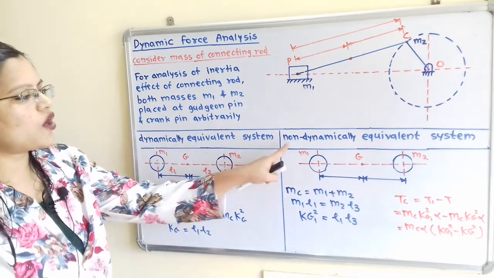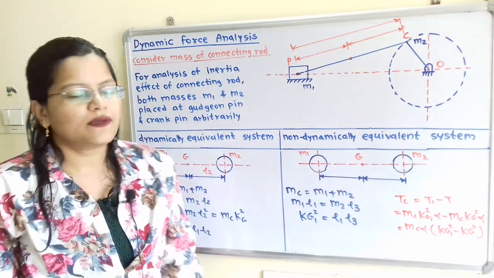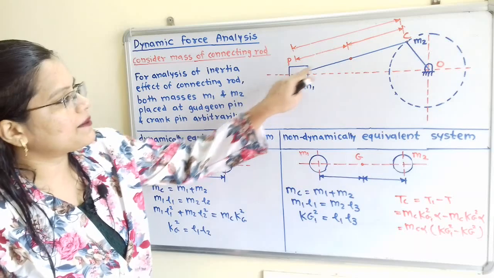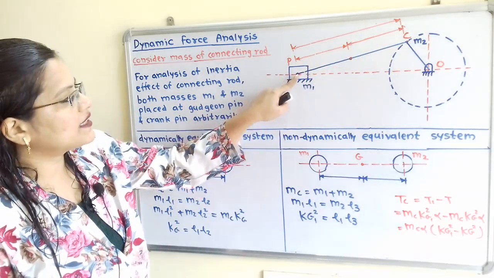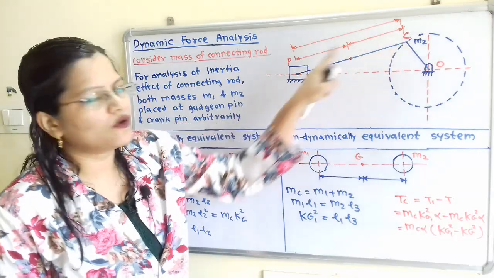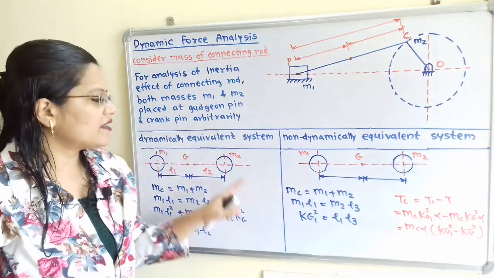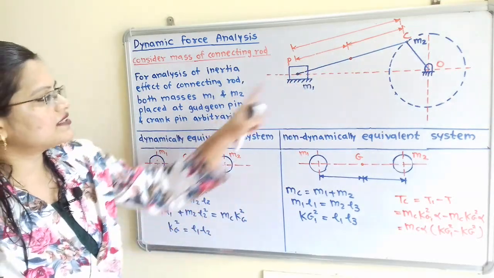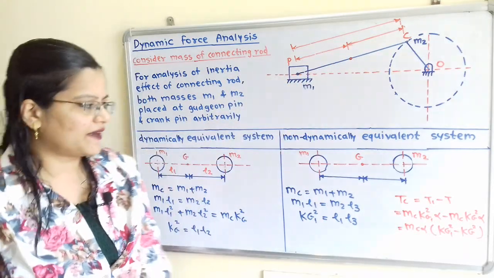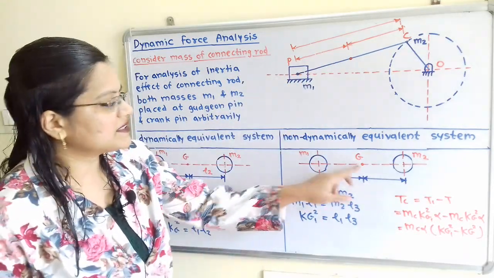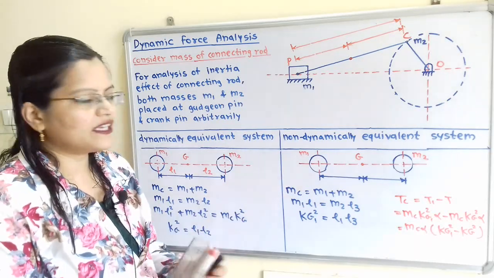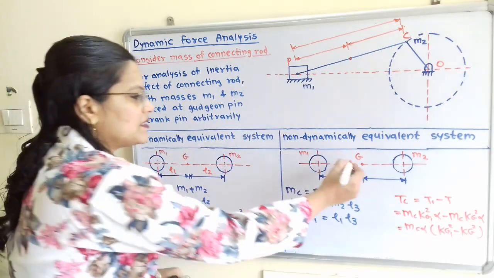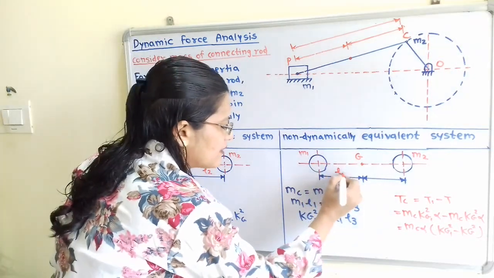Now we will move to the non-dynamically equivalent system. Now this system is the same as this connecting rod, because we have placed these masses M1 and M2 arbitrarily. So here the dynamically equivalent condition is not getting satisfied. If we observe, this is the center of gravity point G. When this mass M1 is placed, the distance from G is L1.